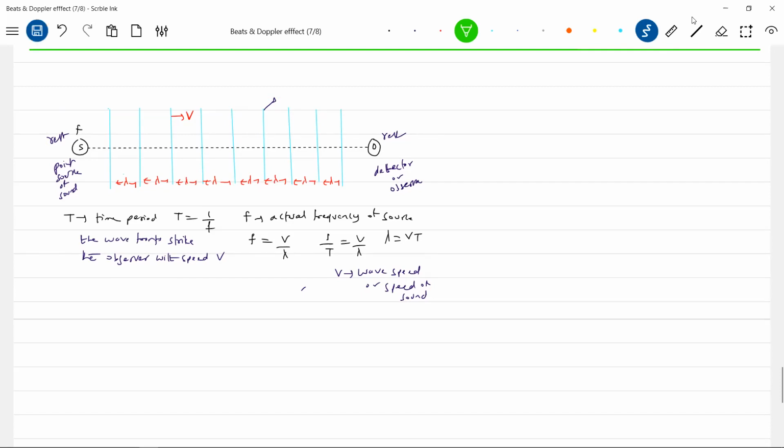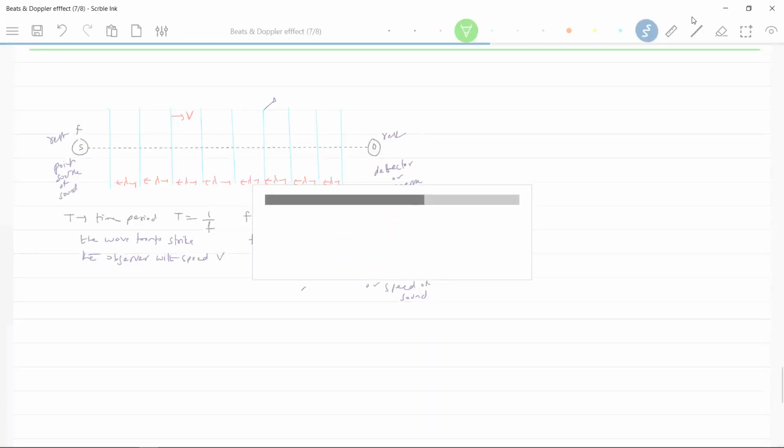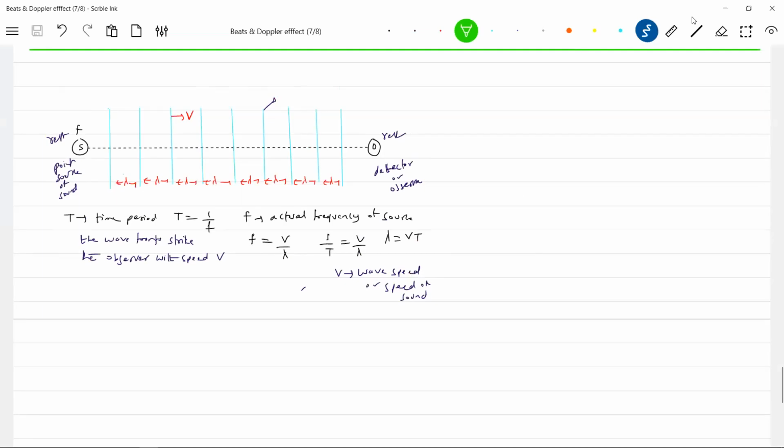So here, what is the condition? The observer is at rest, and then let the source be moving. The source is in motion and the observer is at rest. Then we'll see what the Doppler effect condition is. So first, initially it is like this. Now if the source starts moving, tell me, what will happen? No, you are at rest.